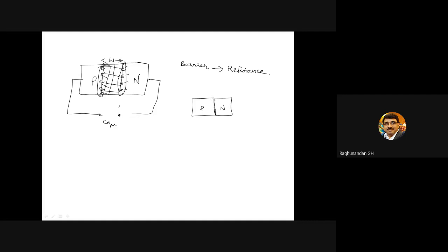Some kind of material will be used to paste these two, no? That will have resistance. Through this resistance, if the current can pass, then we have I passed through R. When I and R are there, it gives V. This V is 0.3 for germanium and 0.7 for silicon.